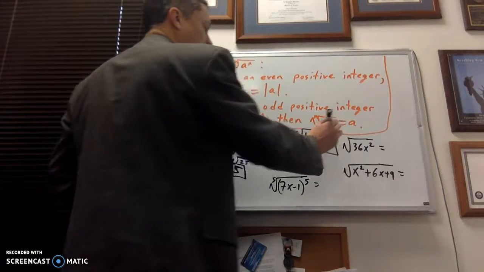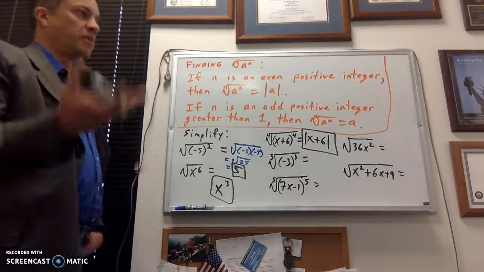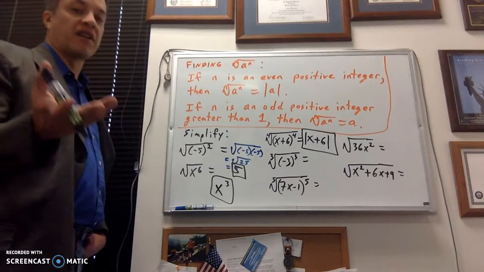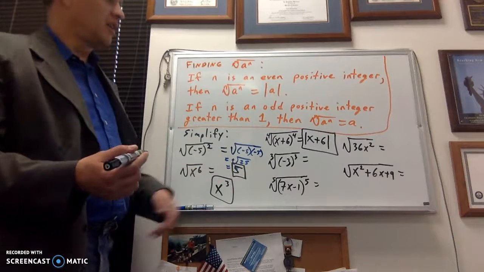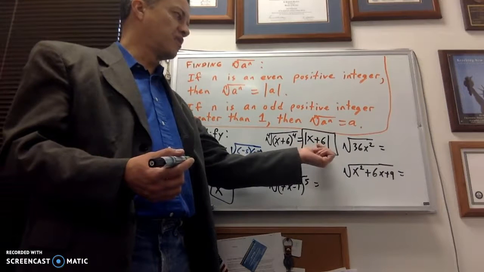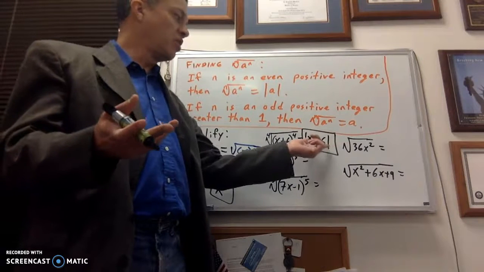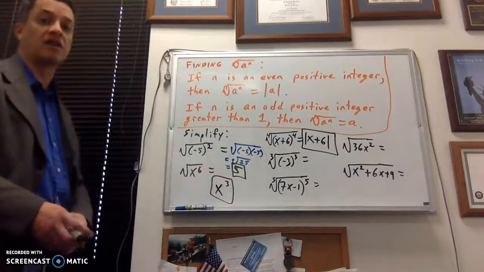It'll be the absolute value of x plus 6, right? Because suppose that my x was a negative 9. Negative 9 plus 6 would be a negative 3. And if I did not have my absolute values here, then I would have said, okay, negative 9 plus 6, like I said, it's a negative 3. We would have come out with a negative value as a result, and that would have been incorrect.